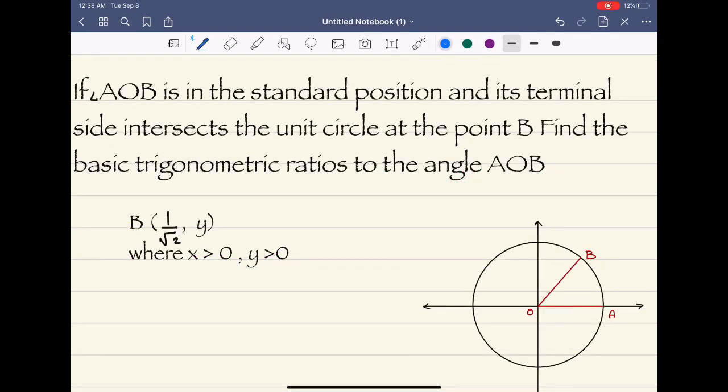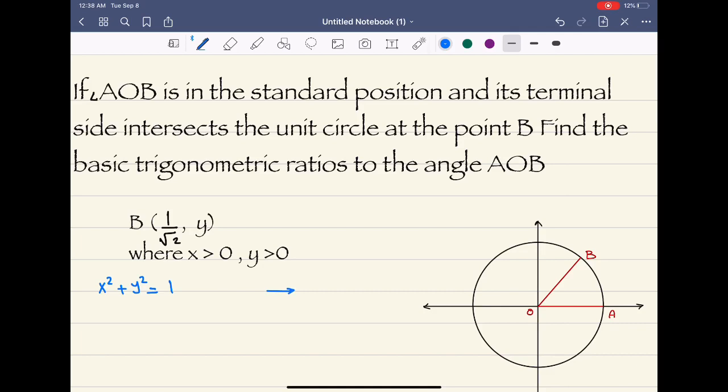If angle AOB is in the standard position and its terminal side intersects the unit circle at the point B, find the basic trigonometric functions of angle AOB. At first, we know that x squared plus y squared equals 1.